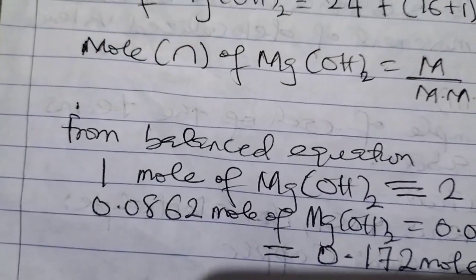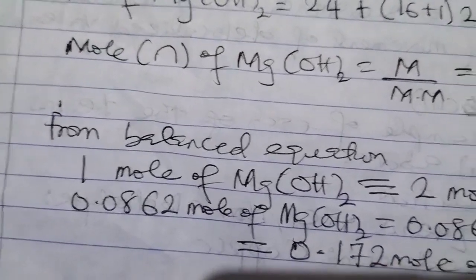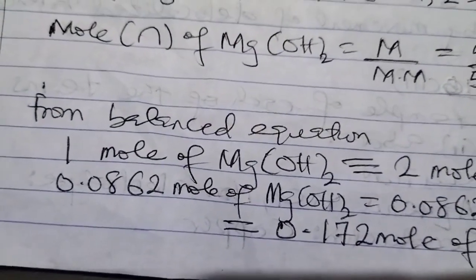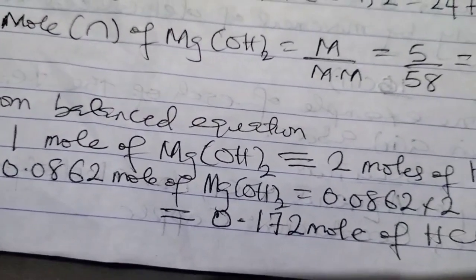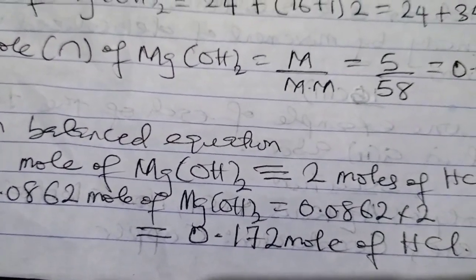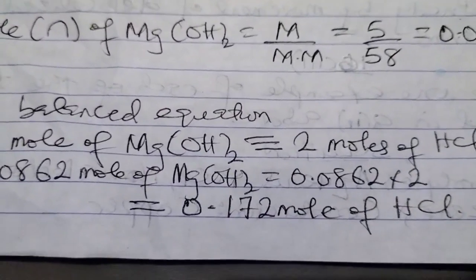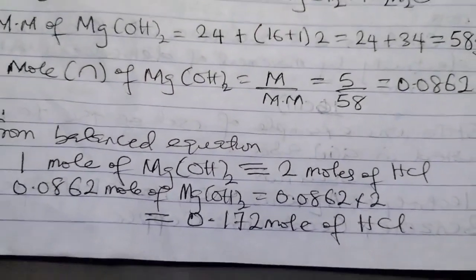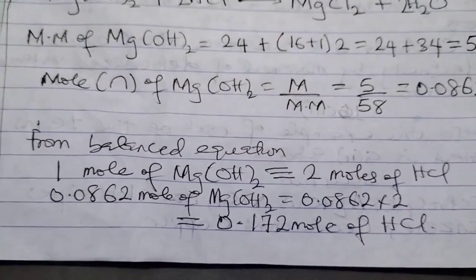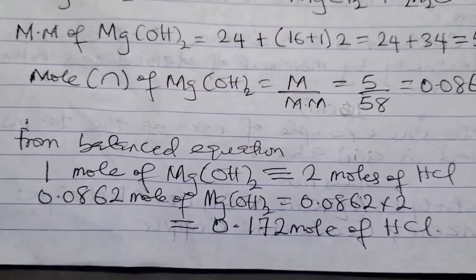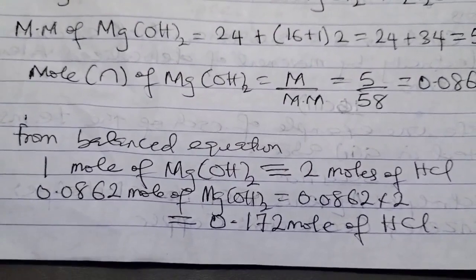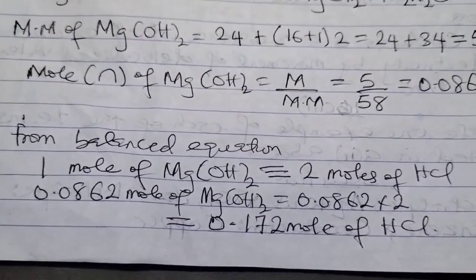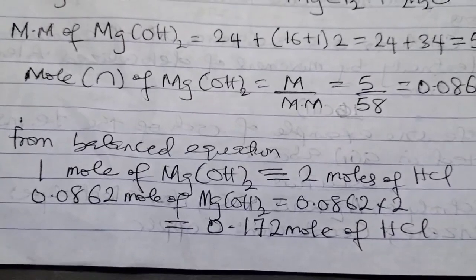Therefore, 0.0862 mole, which is the reacting mole of magnesium hydroxide, will give us 0.0862 times 2. That will give us 0.172 mole of HCl. So 0.172 mole is the number of moles of HCl that will react with 0.0862 mole of magnesium hydroxide.